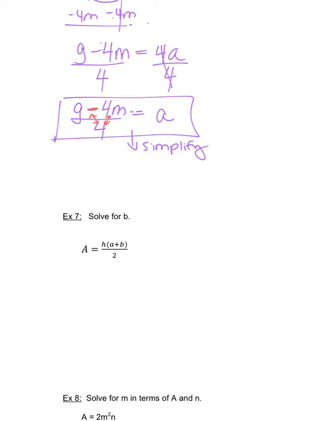So g divided by 4 is just g over 4. And then 4m divided by 4, the 4's cancel, leaving me with just minus m. So that could be another answer. So I will put both on my answer key, and that's optional.